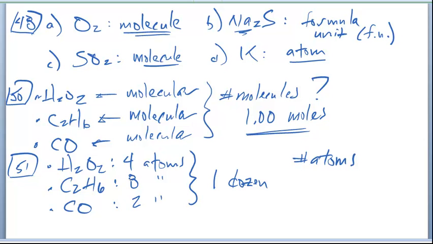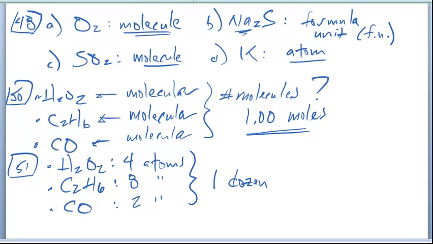If you had 1 dozen molecules of ethane, you'd have 12 times 8, or 96 atoms, and you'd have 24 atoms of carbon monoxide. So then, if we just extend this, let me erase this.